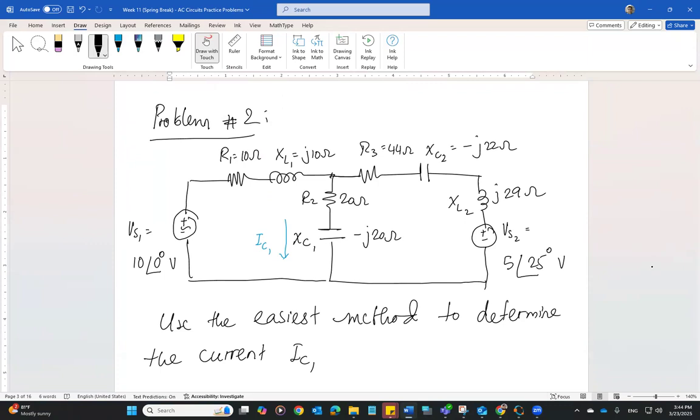All the phasor quantities are given in the complex frequency domain, so you do not have to convert anything from the time domain to the complex frequency domain. That is, instead of L and C, the reactances of those inductors and capacitors are given, as well as your voltages, which are also given in the complex frequency domain as phasor quantities.